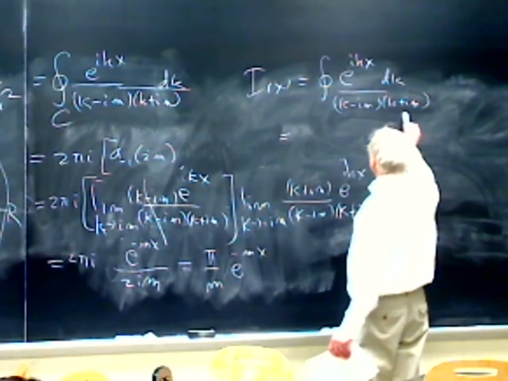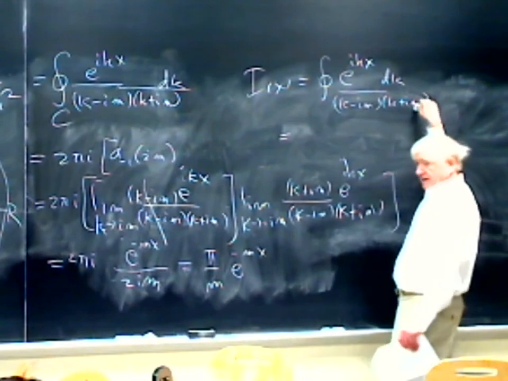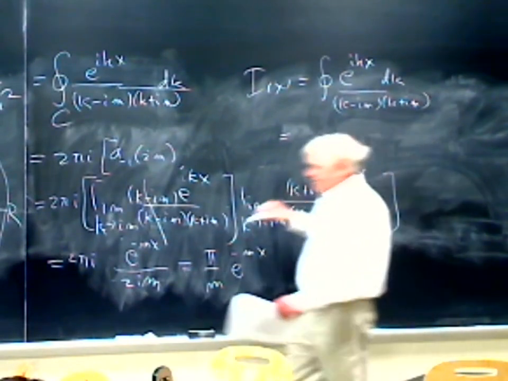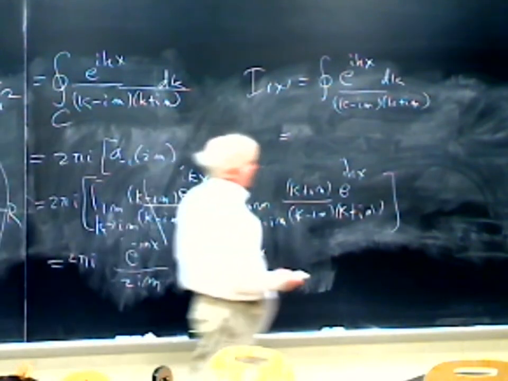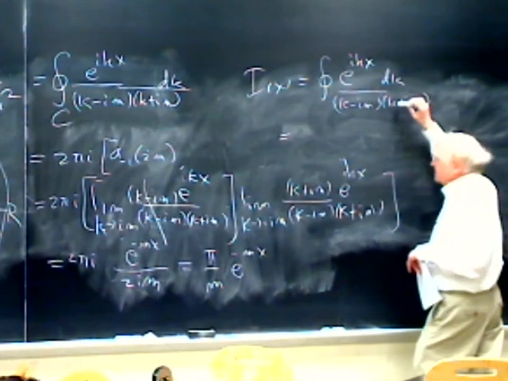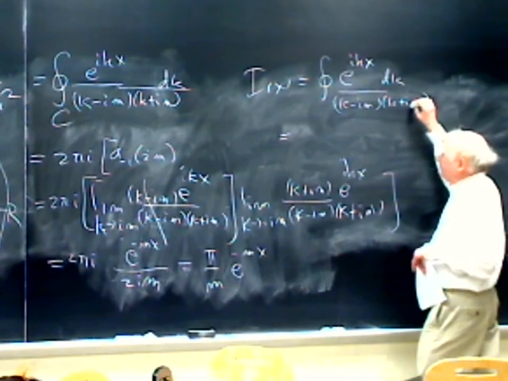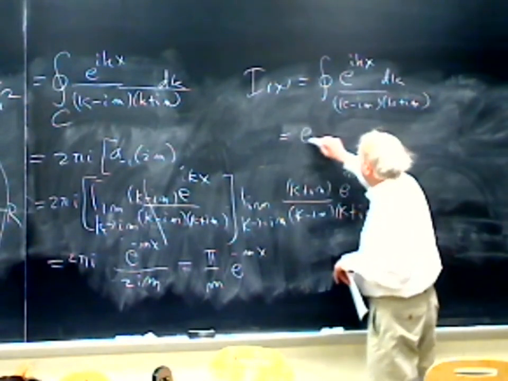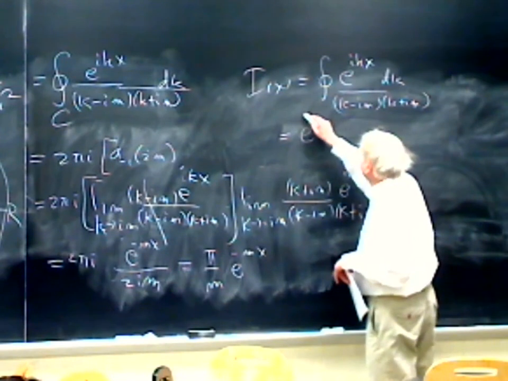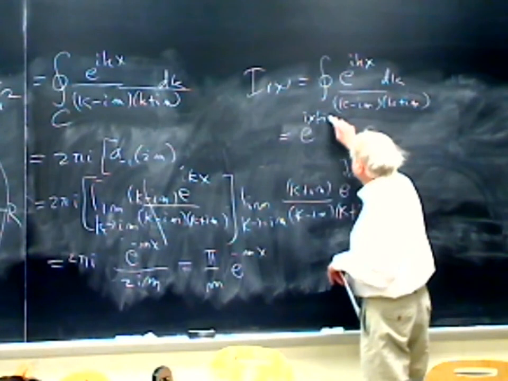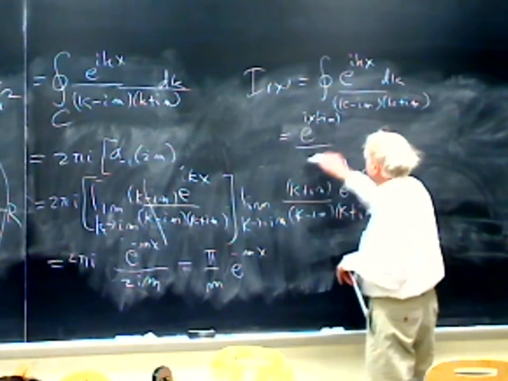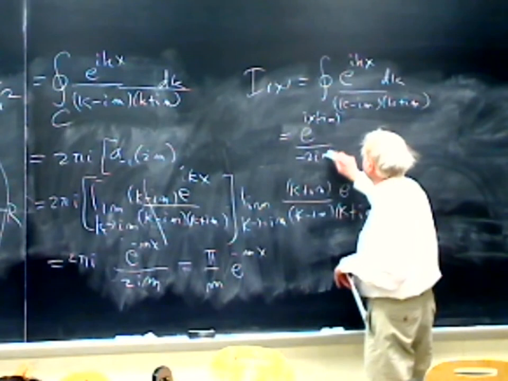Well, this is the part that's singular now, because we first turn it into an integral around this whole contour, and then we shrink it to this. And when we shrink it to that, the singular part is k plus im. The rest of it we can just pull out as e to the ixk, and k is equal to minus im. And then we have minus 2im here.